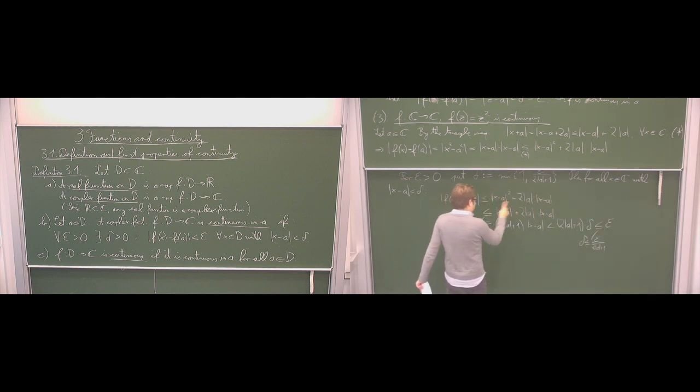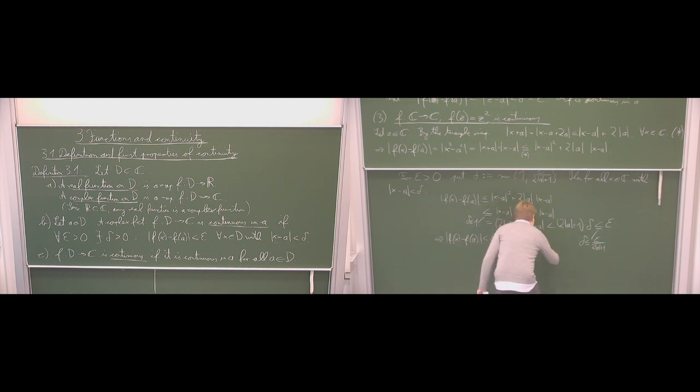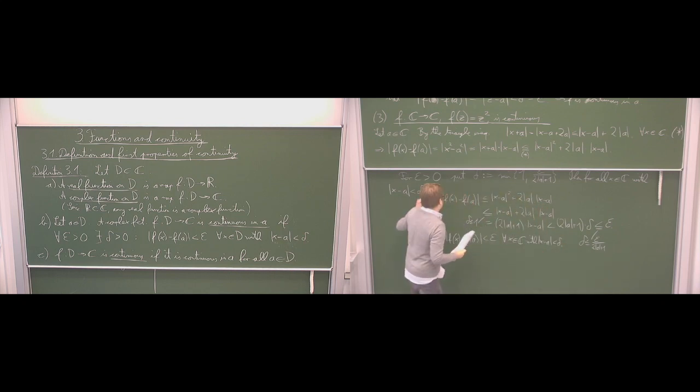So this shows, by just following these inequalities, since they also go in one direction, so it's really a nice chain of inequalities, we get that the absolute value of f of x minus f of a is smaller than epsilon for all x in C with the absolute value of x minus a smaller than delta. And this shows that f is continuous in A.